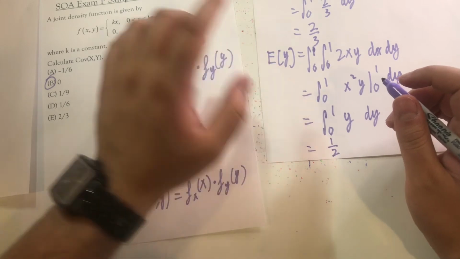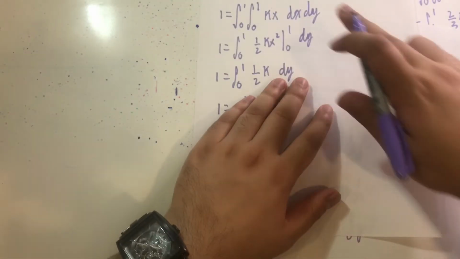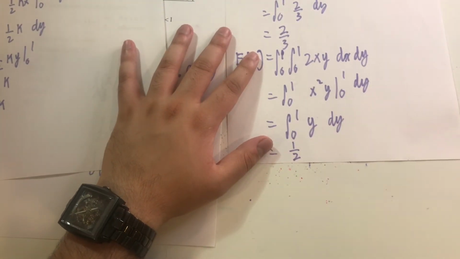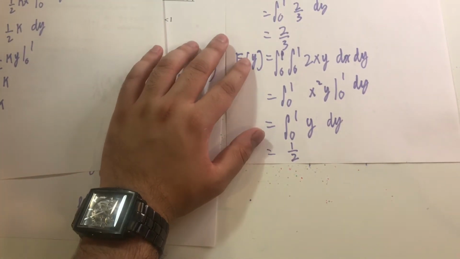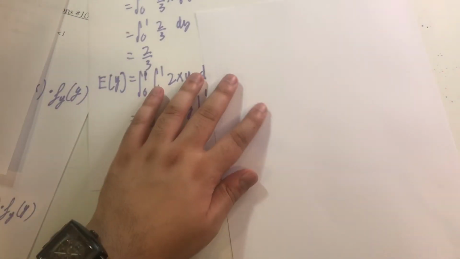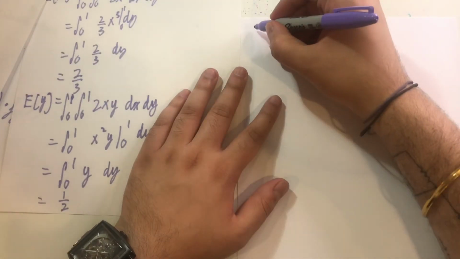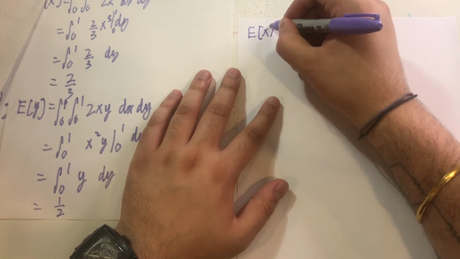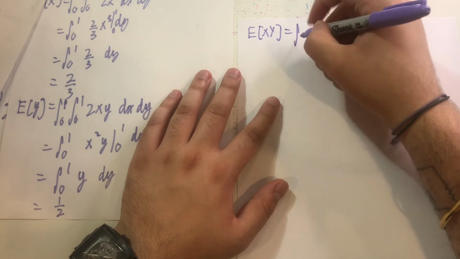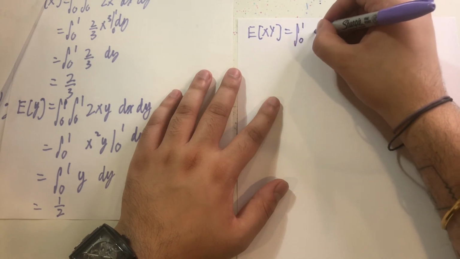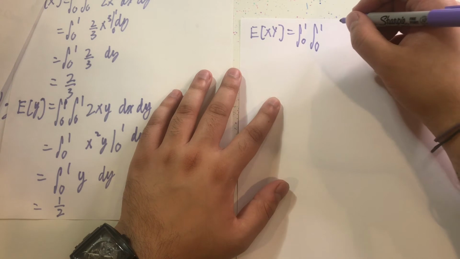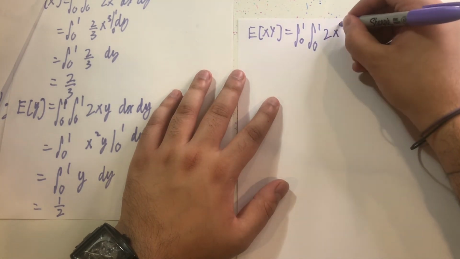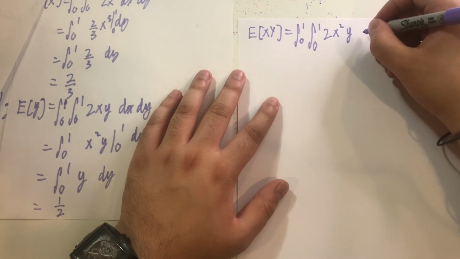Okay, so I found E of x, E of y. What's the last thing to find? E of xy. Okay, and we just grab a separate sheet of paper right here. The expected value of xy is equal to, once again, 0 to 1, 0 to 1. Should be experts at this point. Of 2x times xy, which is 2x squared y, and I'll do dx dy.